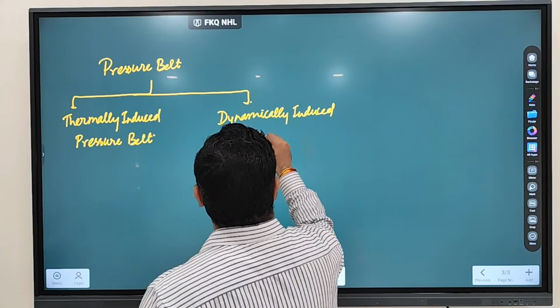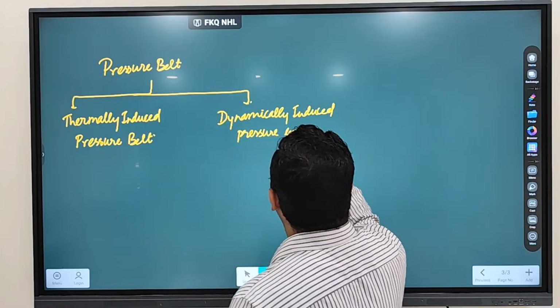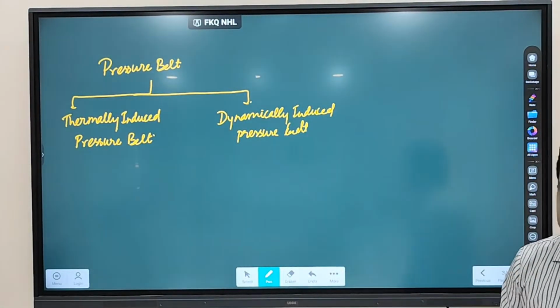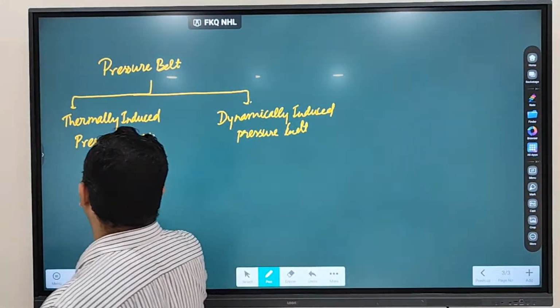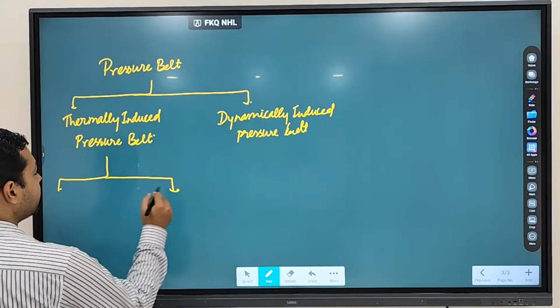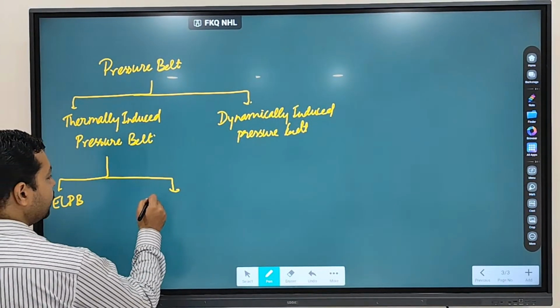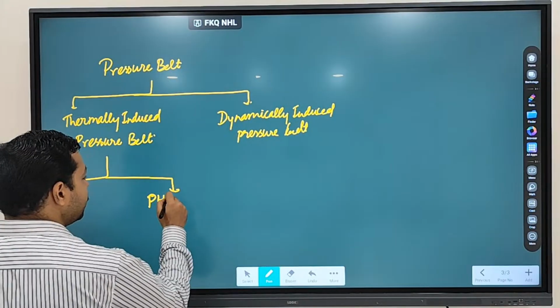Which are the thermally induced pressure belts? 2 pressure belts are thermally induced: equatorial low pressure belt and polar high pressure belt.